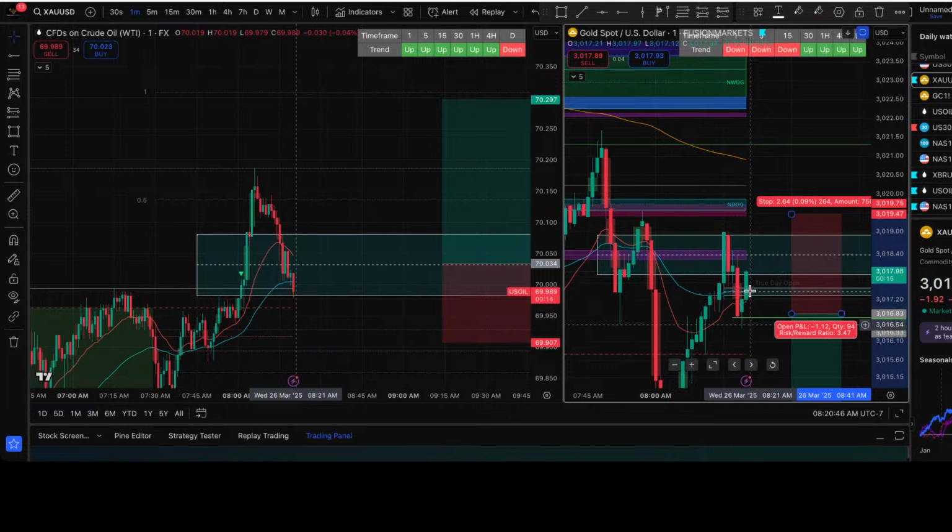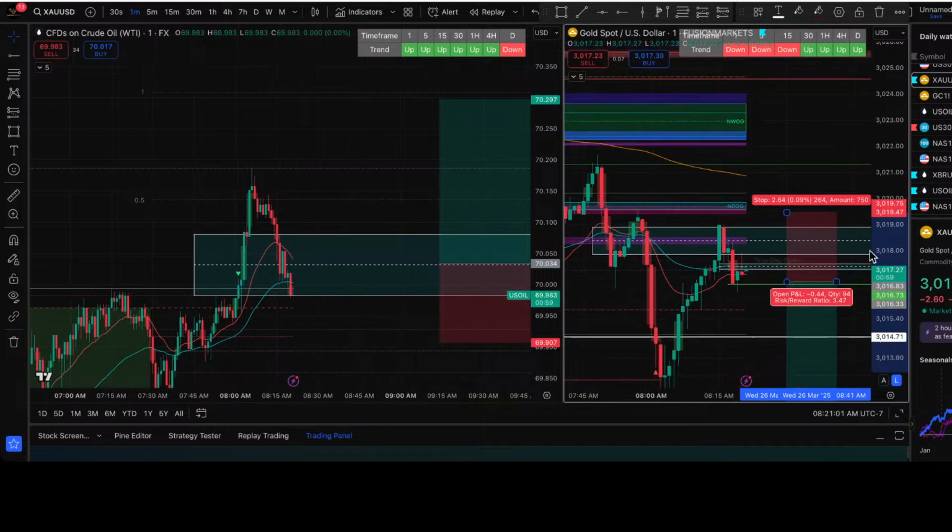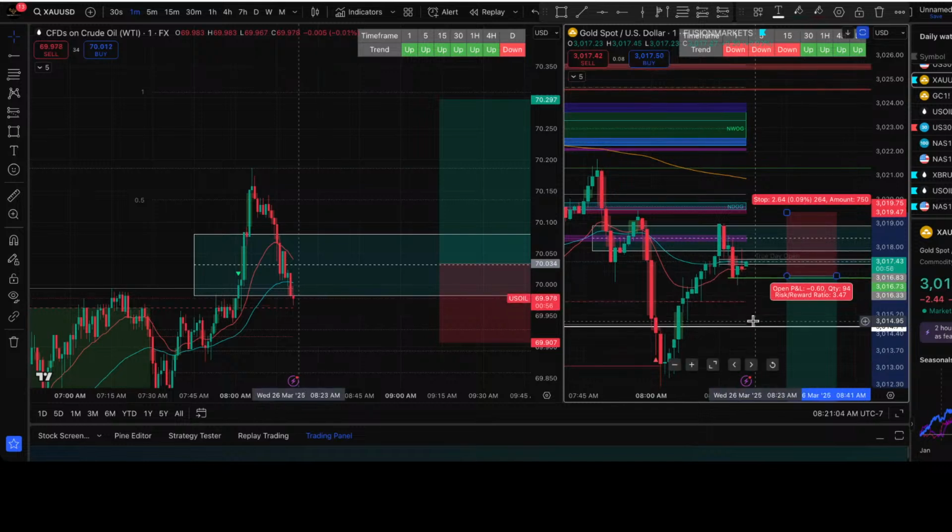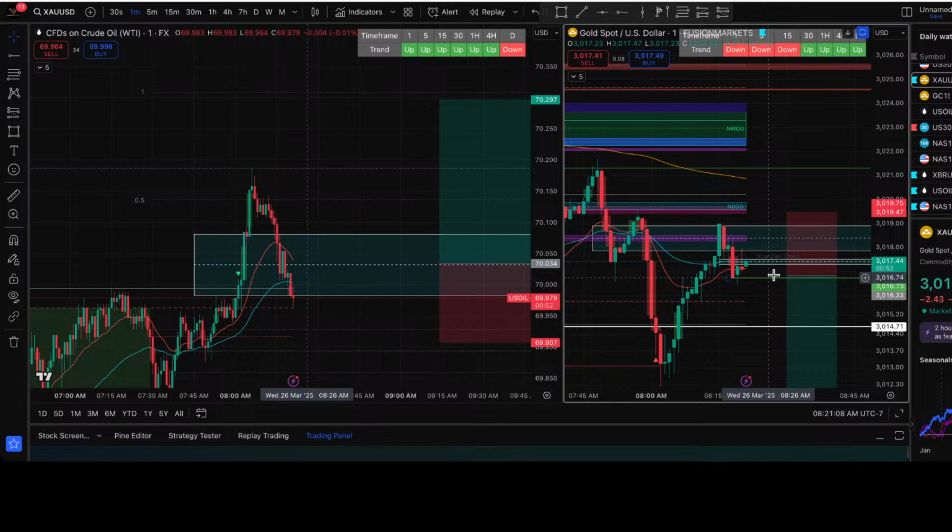We want it to respect this fair value gap and candle body close below this line. Looking good. Look at this, we've already disrespected this fair value gap.